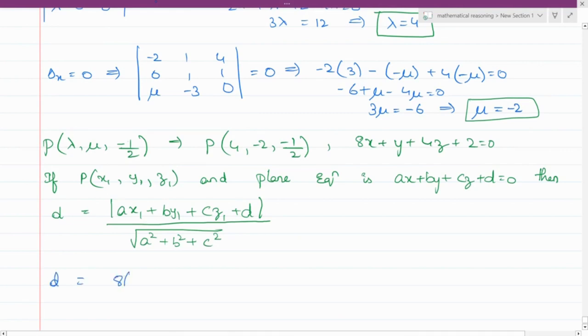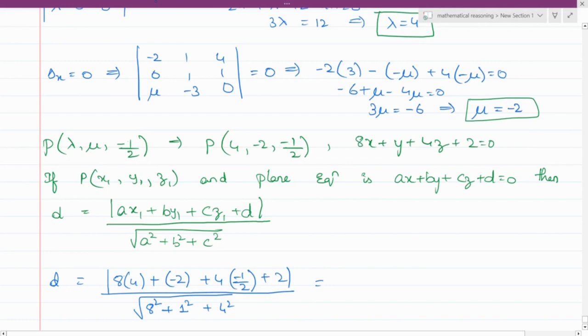It becomes 8 times x1, which is 4, b is nothing but 1, y1 is minus 2 plus 4, z1 is half plus 2, and take the mod value. Under root, a square is 8 square, b is nothing but 1 over here, c is 4 square. So you will get, this minus 2 and plus 2 get cancelled, it becomes 2 times 8, 4, 32 minus 2, 30, upon 64 plus 16 plus 1.